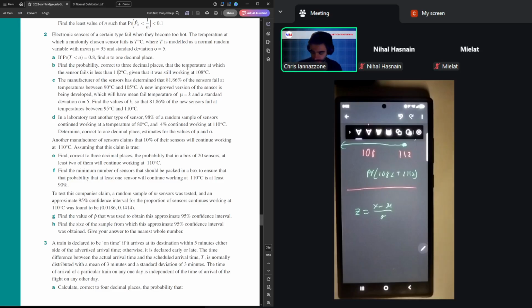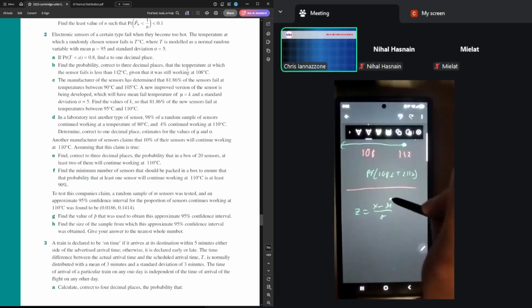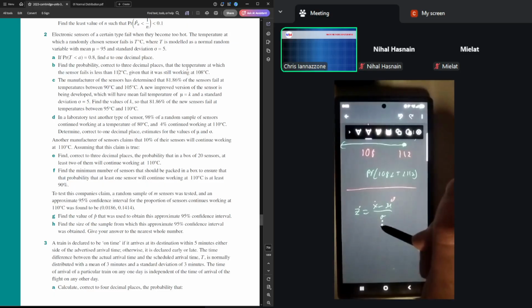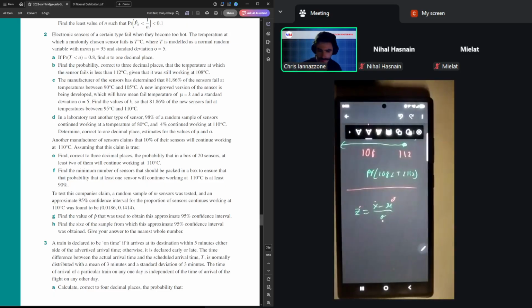So, what does that mean for us? If we're trying to solve for this one, we need to either have all three of the others solved, or two of them solved across two separate equations. Because we have two separate pieces of information, the 81.86 thing, and then 90 and 105 versus 95 and 110, it's leaning towards needing two separate equations.